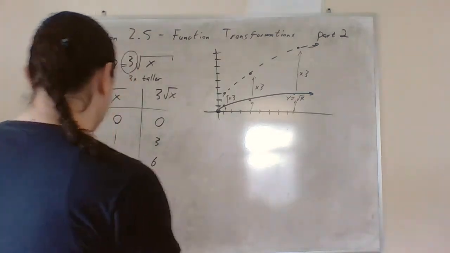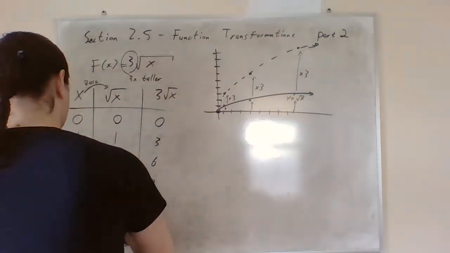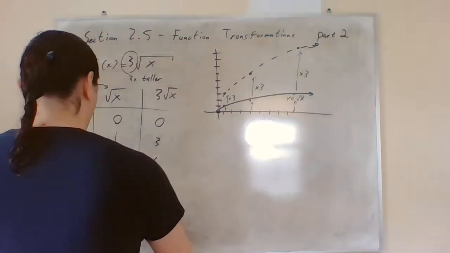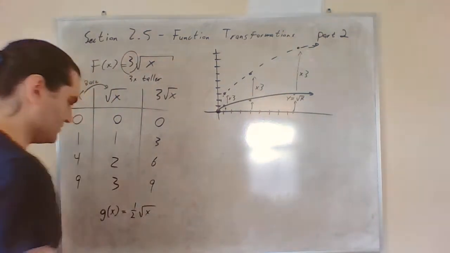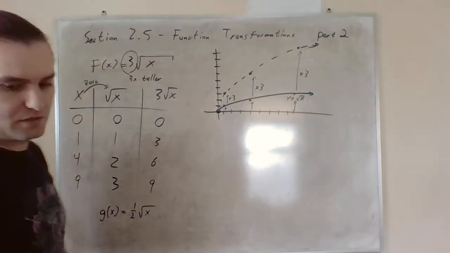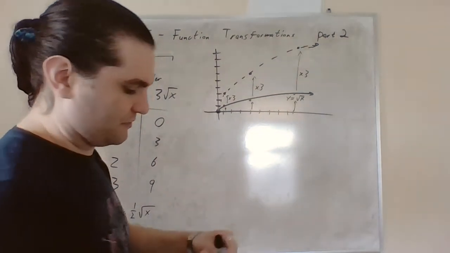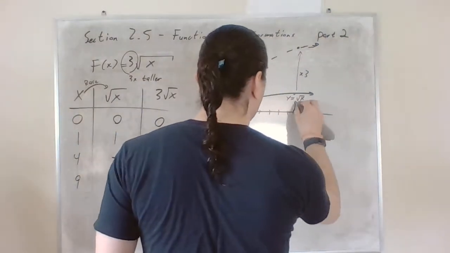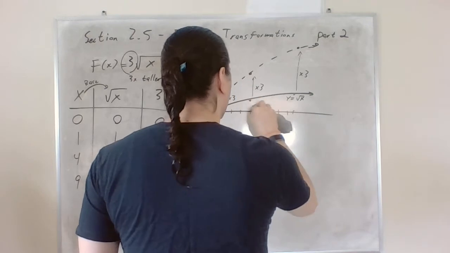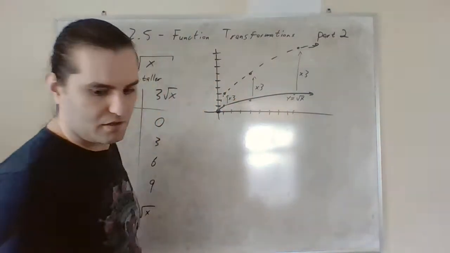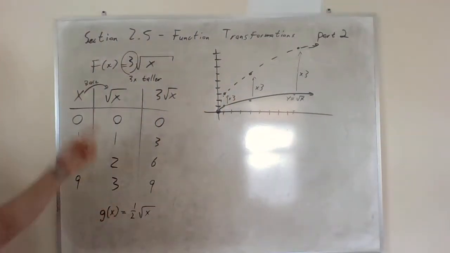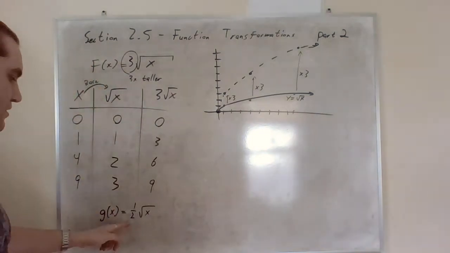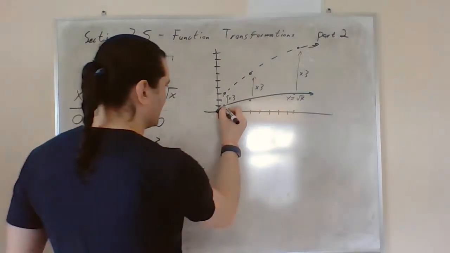So hopefully we can imagine what happens if we do something like g of x equals 1/2 square root x. I'm going to erase some of the pieces in here. If you put a 3 in front, it makes it 3 times taller. If you put a 1/2 in front, it should make it half as tall.